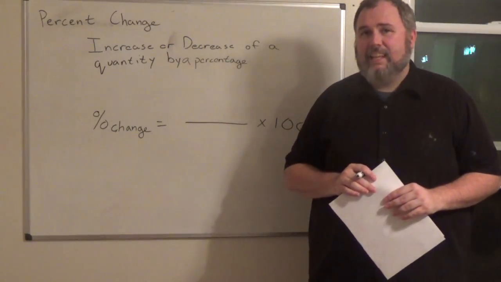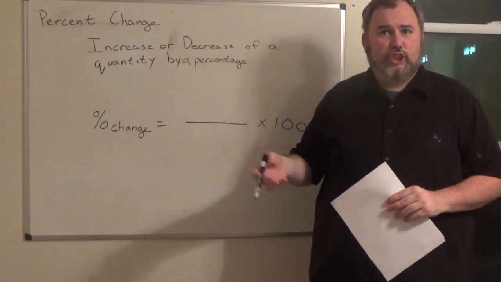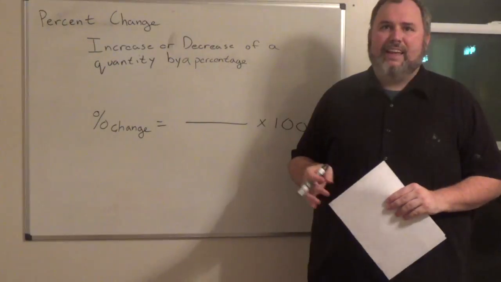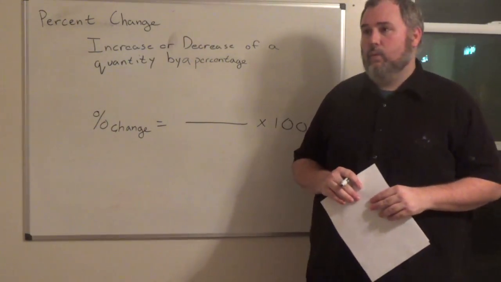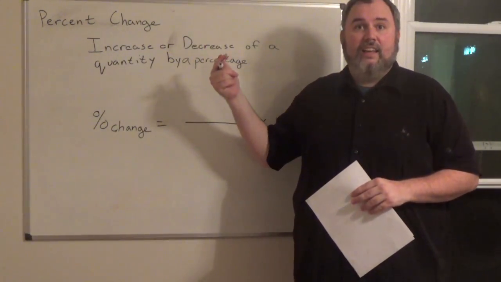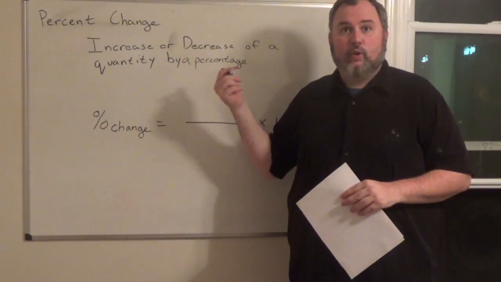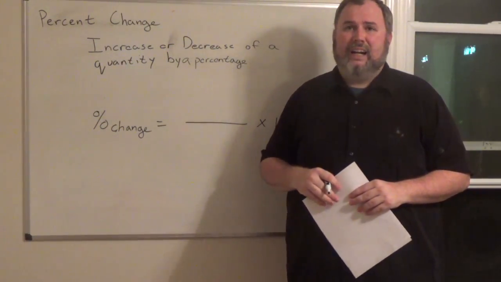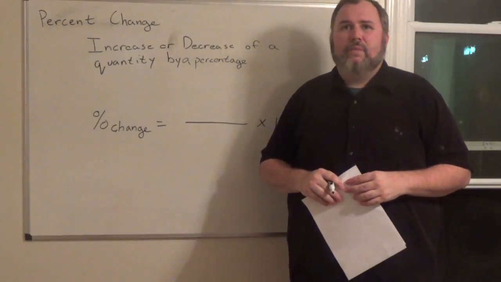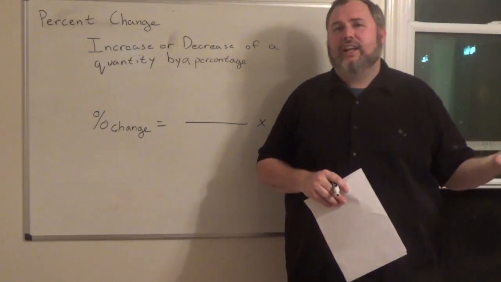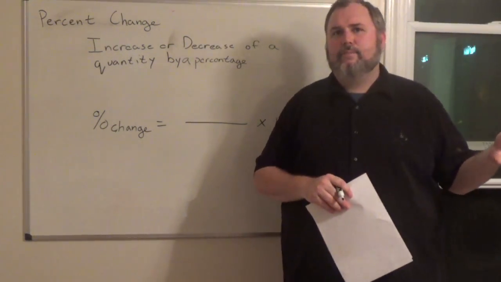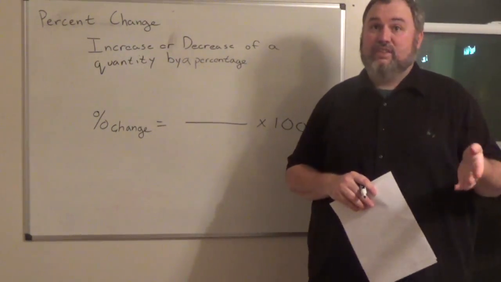One of the biggest things that we're going to be talking about is percent change, reading a graph and calculating percent change. What percent change is, is the increase or decrease of a quantity by a percentage. Long story short, you go to the checkout and they give you a 7% tax. That is a percent change.